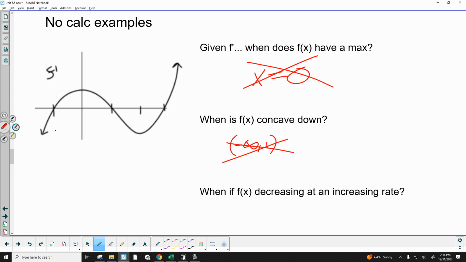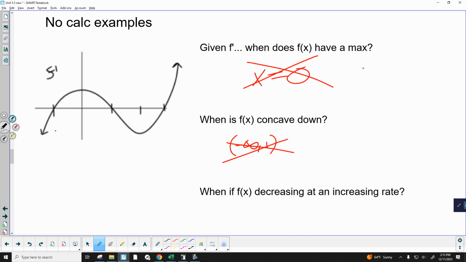It's been a while since we've done these questions. These are tricky questions, especially if we haven't done them in a while. So we remember the chart.